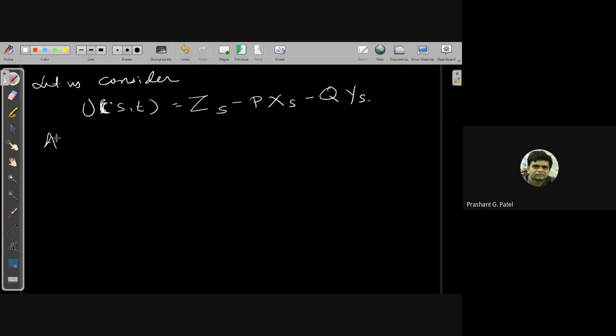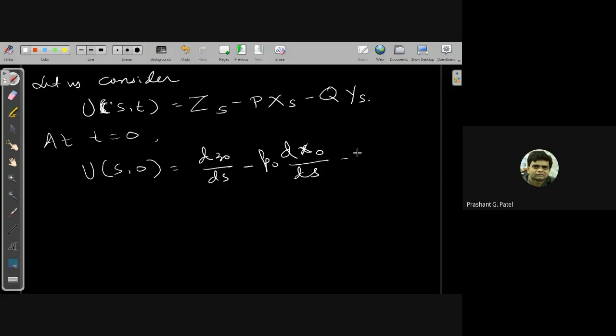At t equal to 0, this is u of s, 0, that is the value of this at 0, which gives me dz0 by ds minus p0 dx0 by ds minus q0 dy0 by ds.